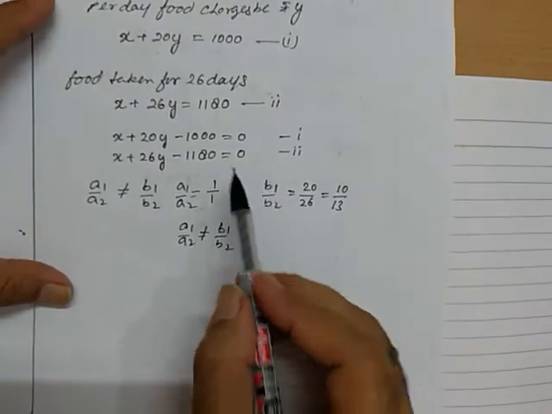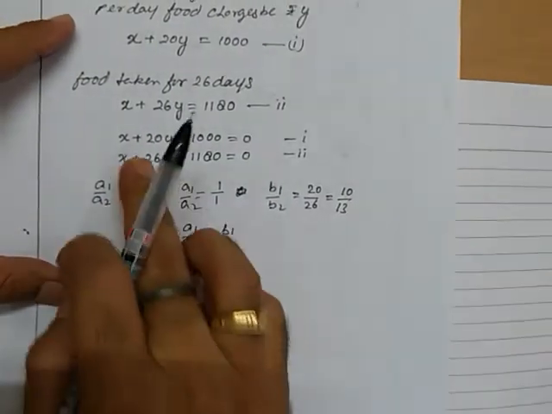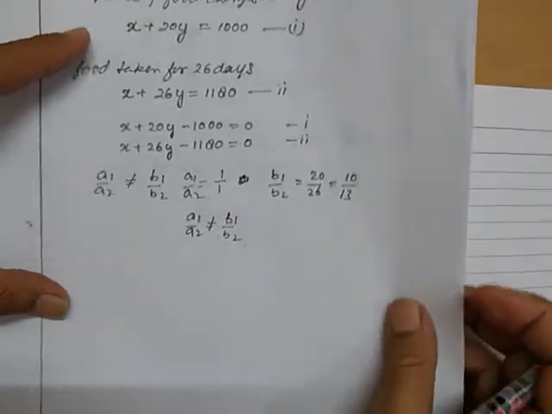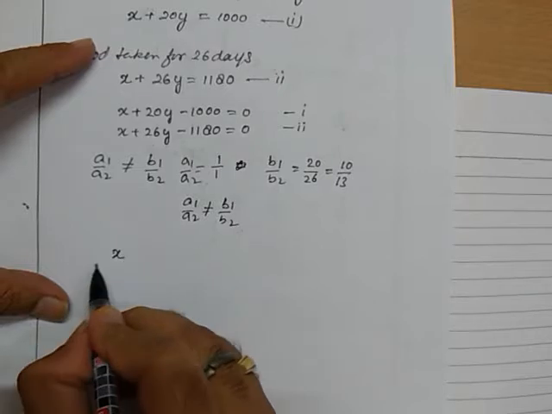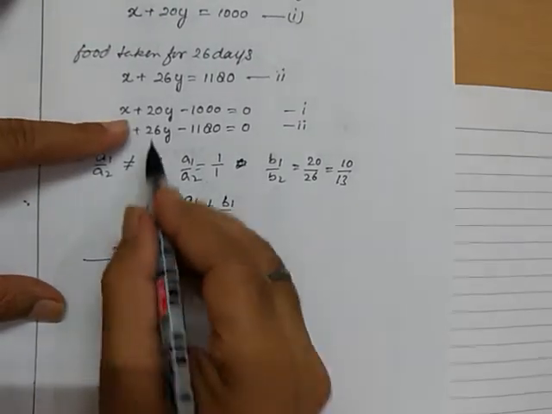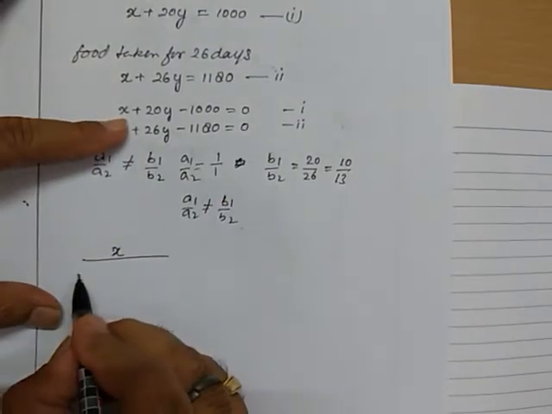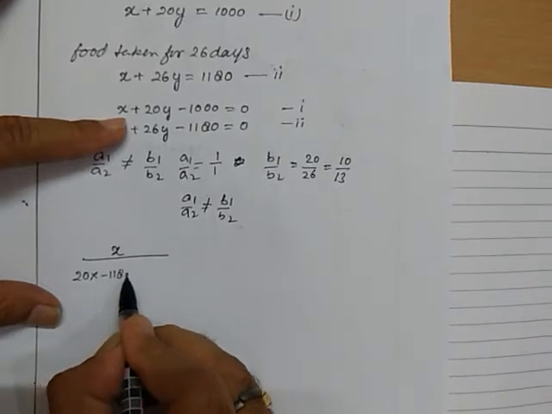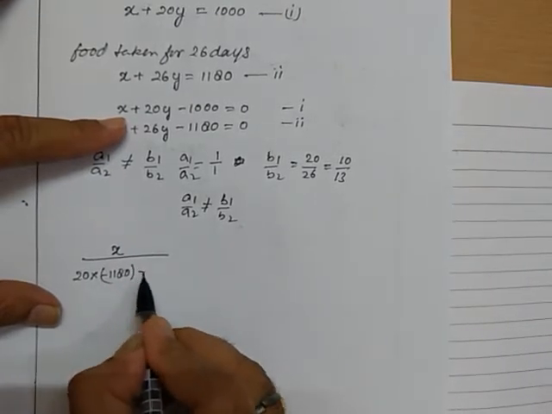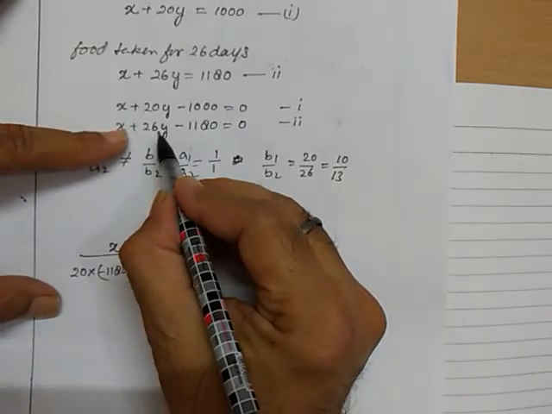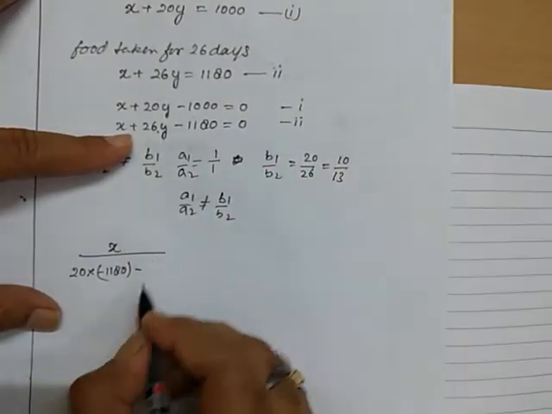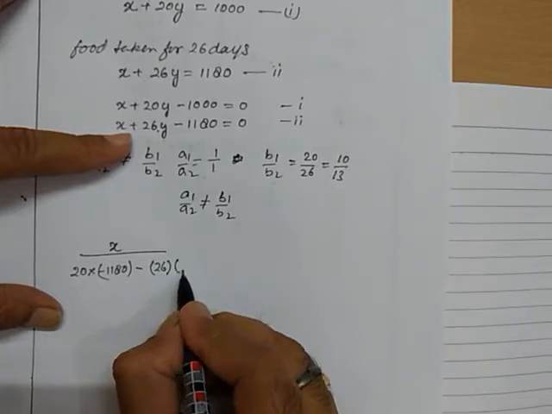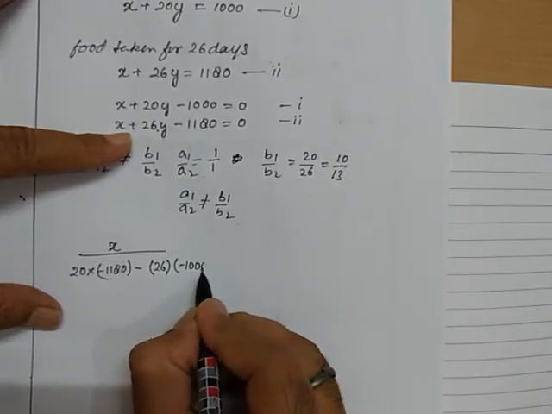Now you will solve this by the cross multiplication method. So for the cross multiplication method, it will be x upon b1 into c2, so this will become 20 into minus 1180, minus b2 into c1, so here this will be 26 into minus 1000.